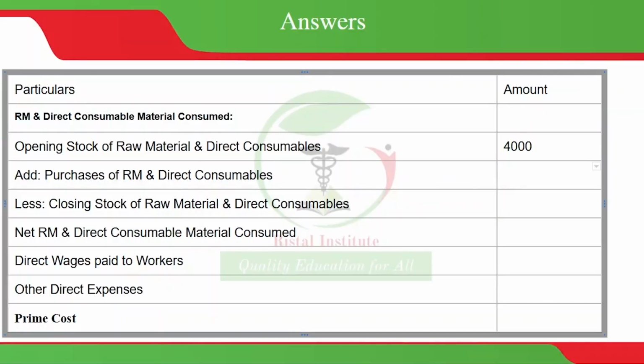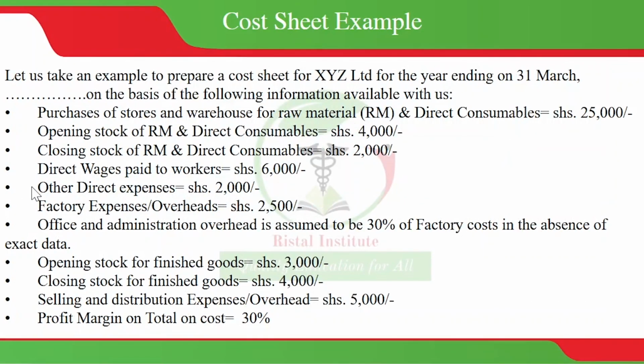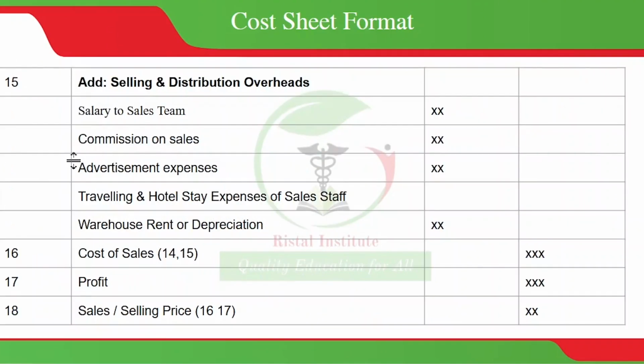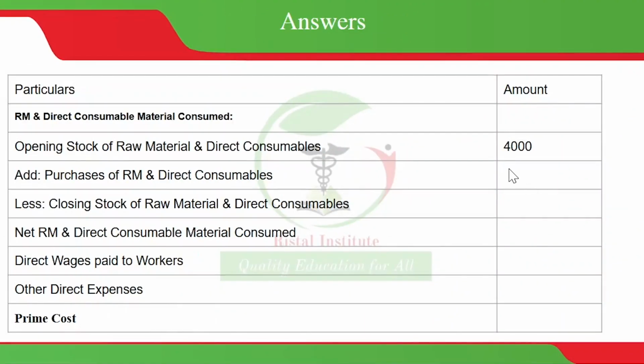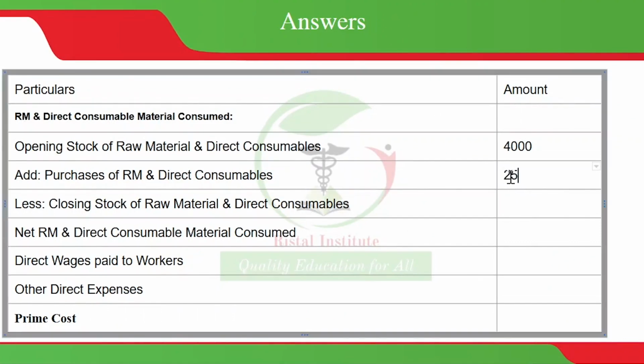Then, do we have purchases? They said purchases of store and warehouse for raw materials and direct consumables, so you add the purchases, which was 25,000.